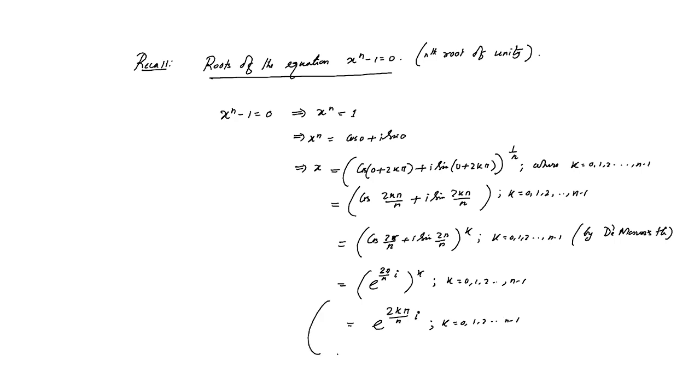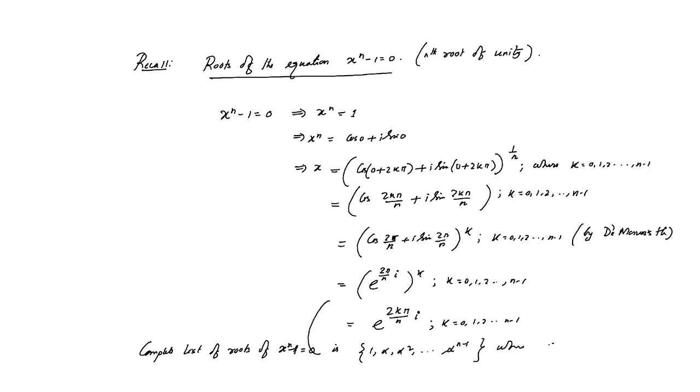Or we can say from here the complete list of roots of x to the power n minus 1 equals 0 is 1, alpha, alpha square, up to alpha to the power n minus 1.